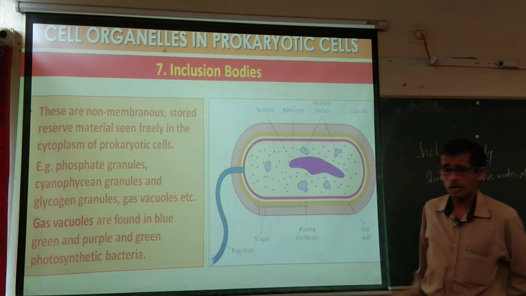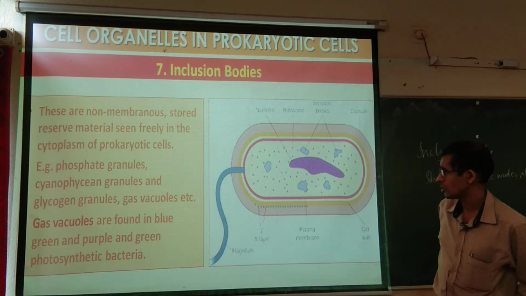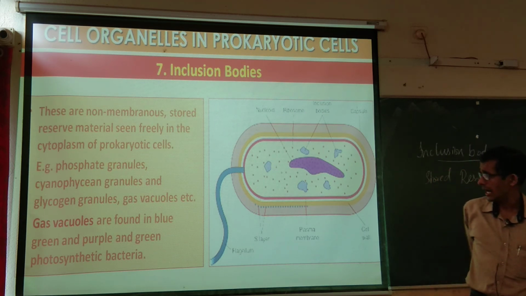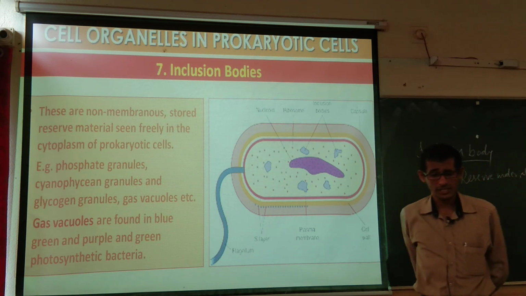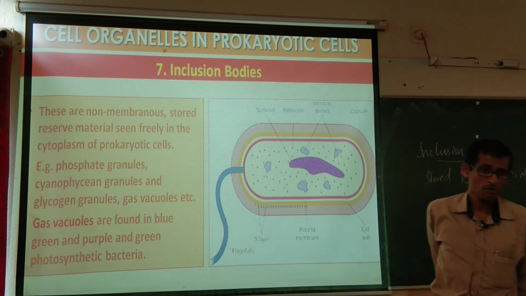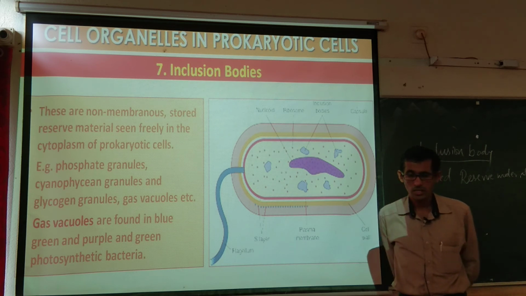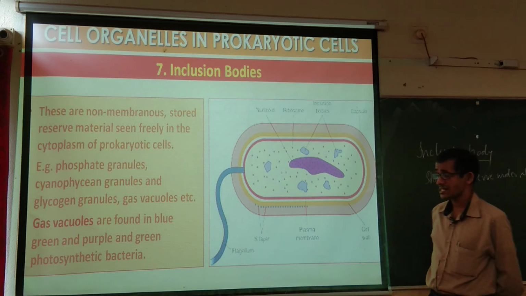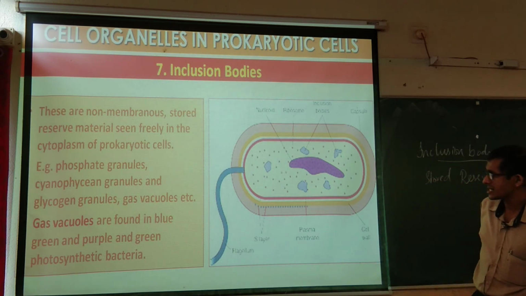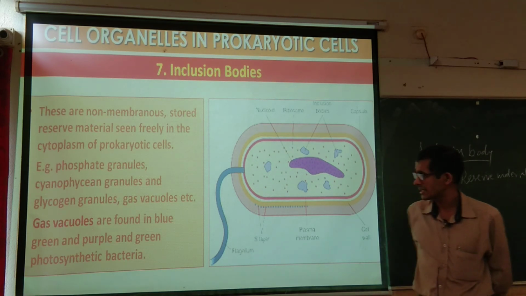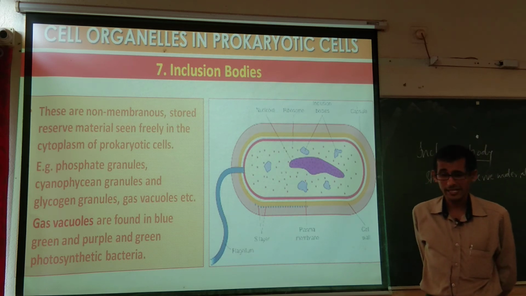And examples we can mention are phosphate granules, then cyanophycean granules and glycogen granules, then gas vacuoles. All of these are examples. Out of these, gas vacuoles are found in blue green algae and purple and green photosynthetic bacteria.